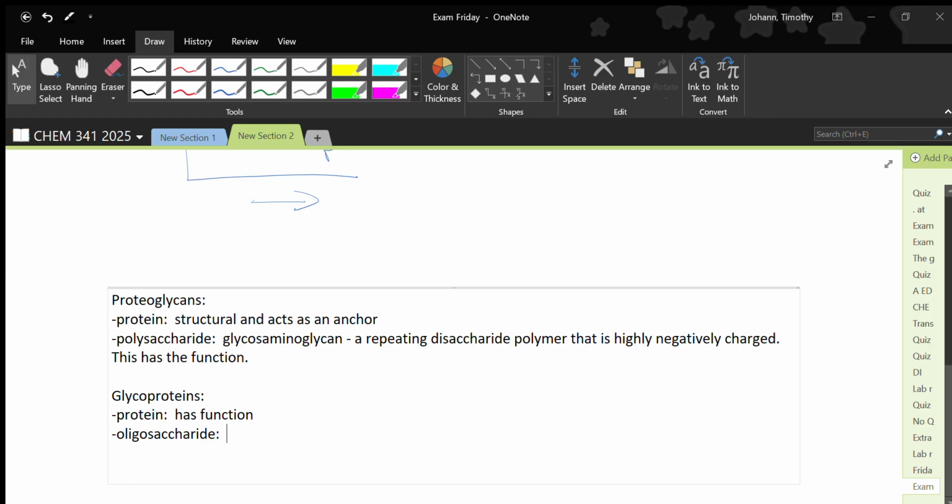The oligosaccharides are highly branched, relatively short, sometimes really short, polymers, and they act as information-rich tags.